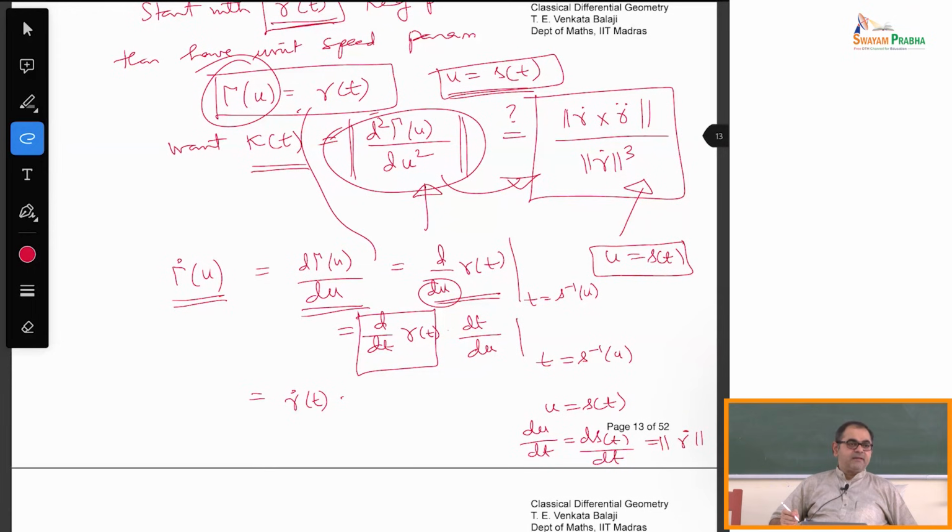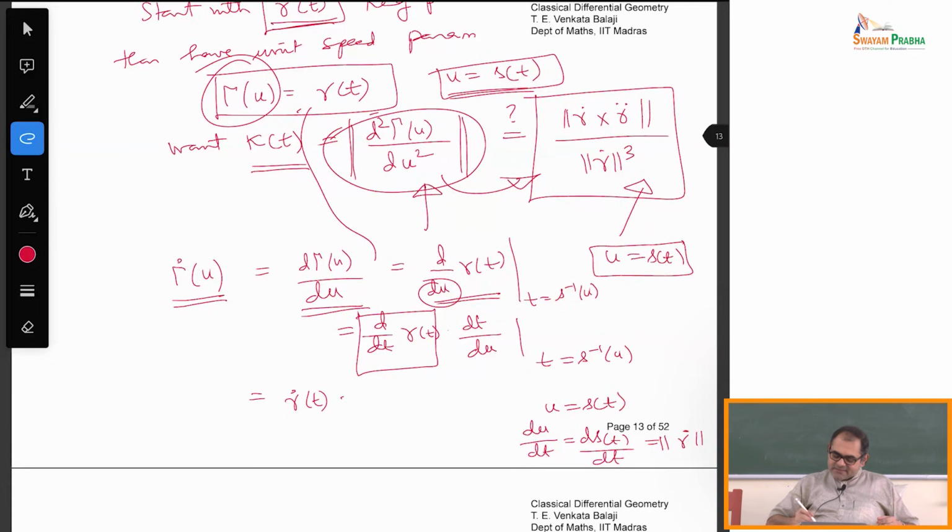Don't think that dt by du is actually the quantity dt divided by the quantity du. It's not like that, of course. It is an operator. When I say dt by du is 1 by du by dt, this is actually the chain rule applied to the fact that u and t can be inverted.